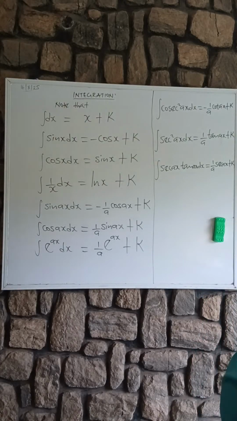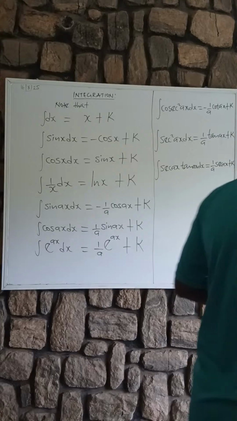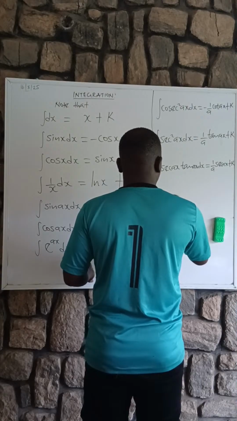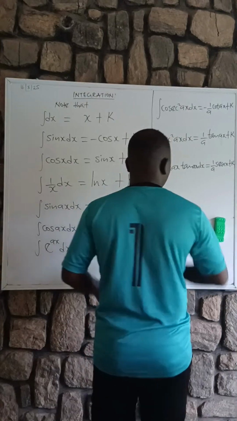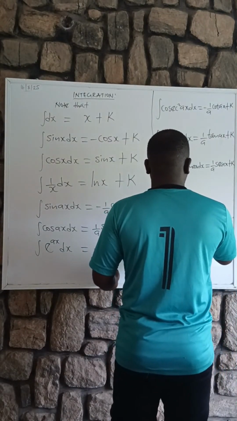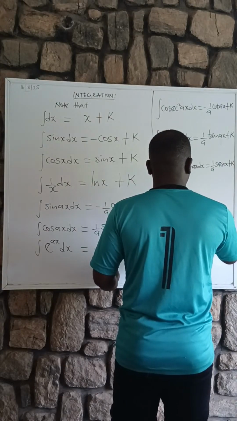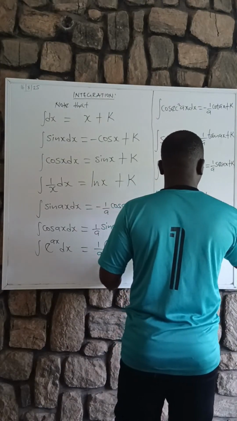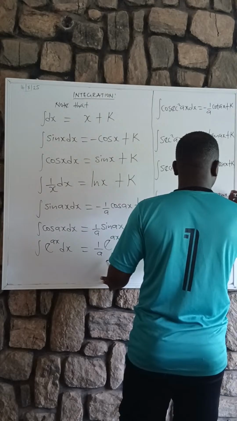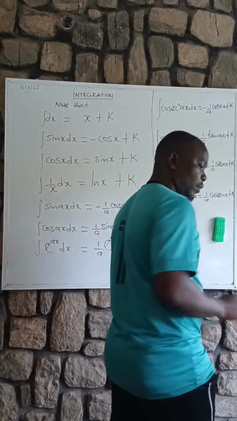Then, if you are to integrate cosec ax cot ax dx, this is equals to minus 1 all over a cosec ax plus k.